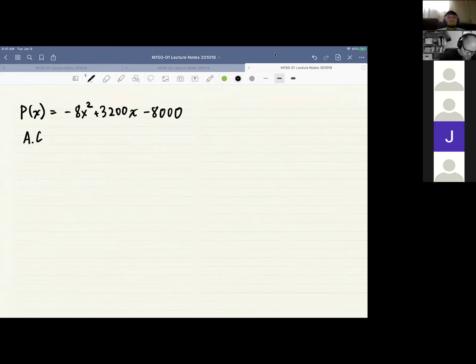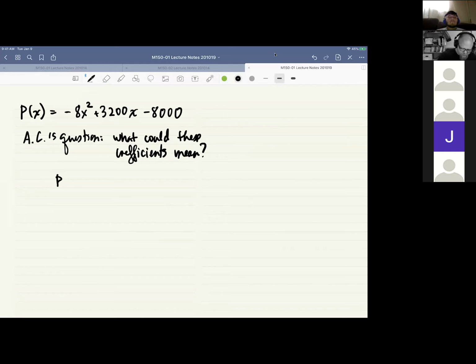What could these coefficients mean? Okay, so let's just play the game and see if we can make anything out of it.